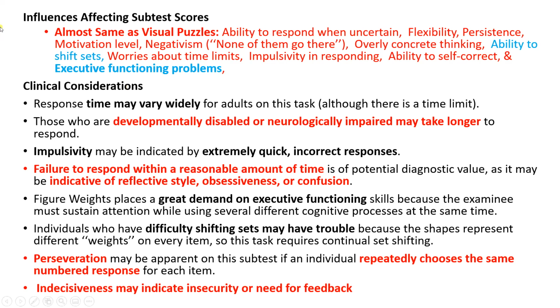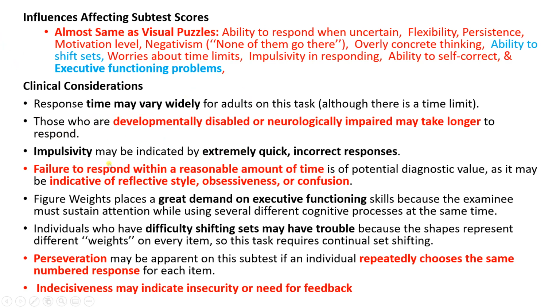First, we have to remember that response time may vary widely for adults on this task. Despite the given time limit, some individuals perform quickly and some individuals take more time within that given time limit. And generally, those who are developmentally disabled or neurologically impaired, they take longer, like the other tests that I have described.